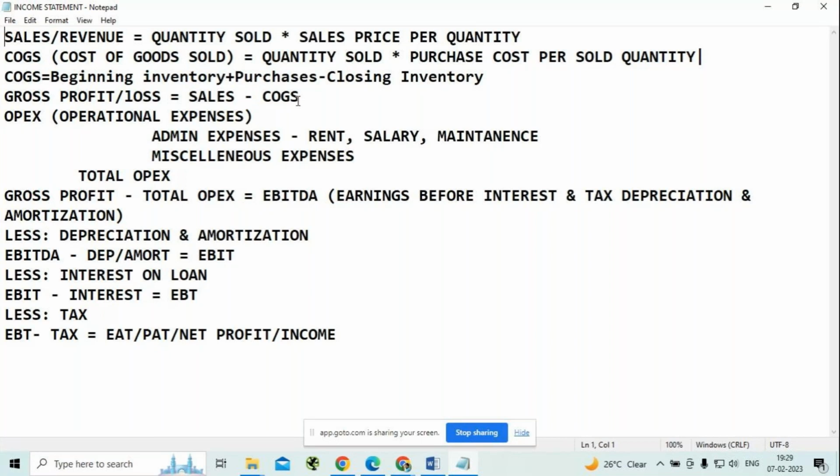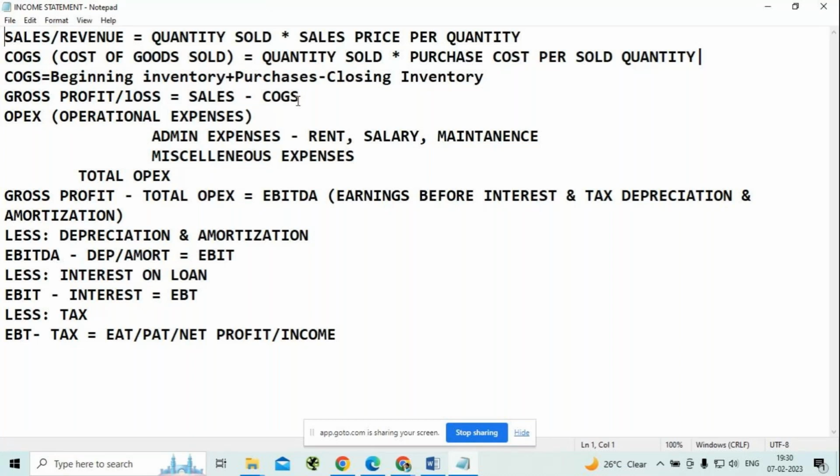The formula to calculate the sales or revenue is the quantity sold multiplied by the sales price per quantity sold.